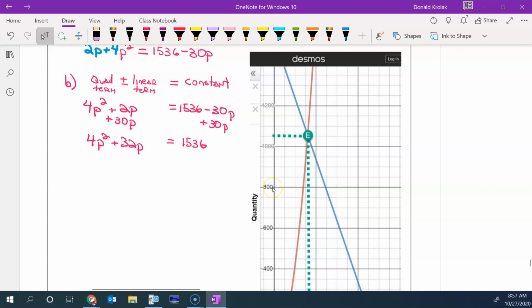Okay, so now I've got it set up the way I want it. So now I can complete the square.